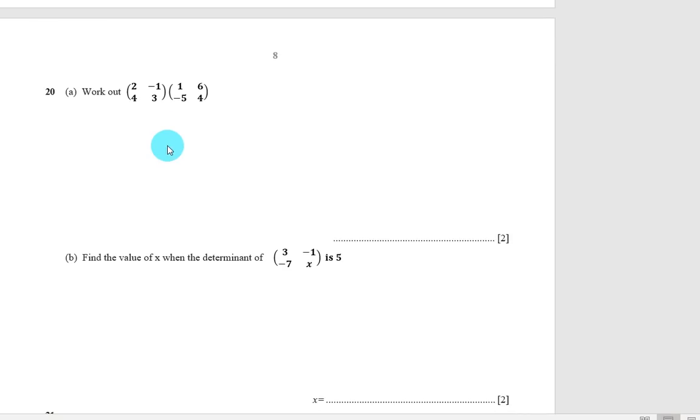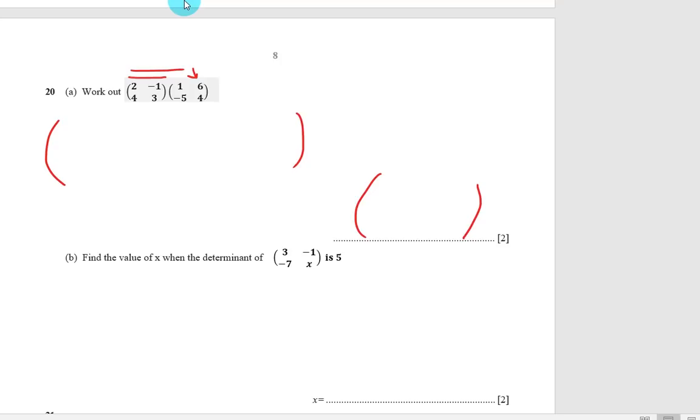We have two matrices. You need to multiply both matrices. So again, row with a column, and then row with a column, and then row with a column, row with a column.